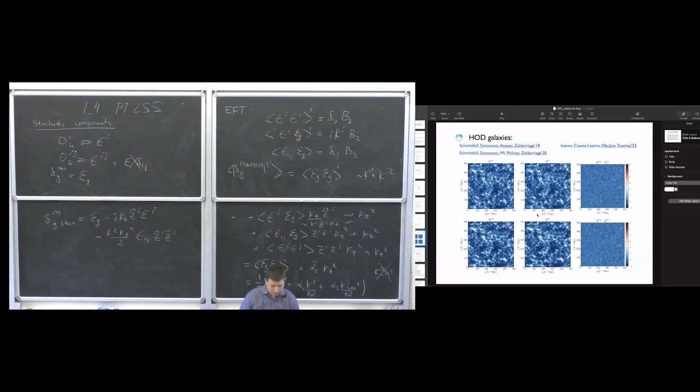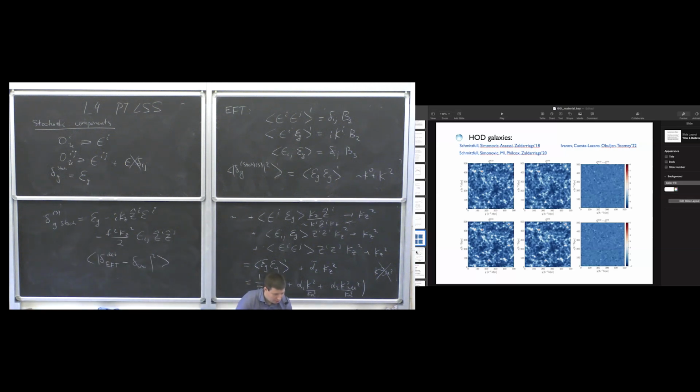And then you can compute the difference between the EFT field, so delta EFT, the deterministic prediction, minus delta simulation. By construction, this precisely evaluates the stochastic component, right?